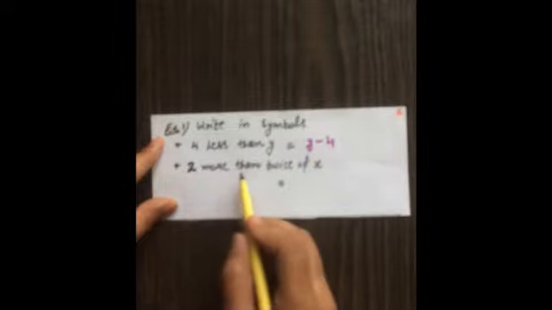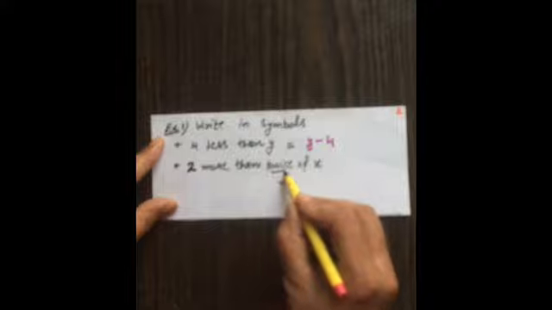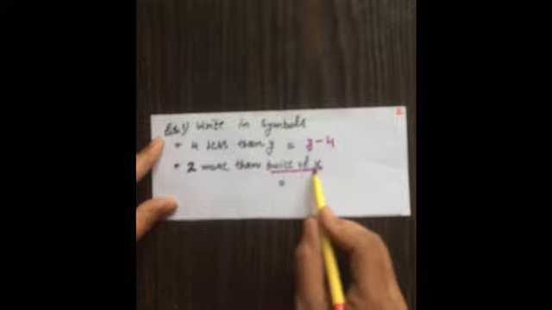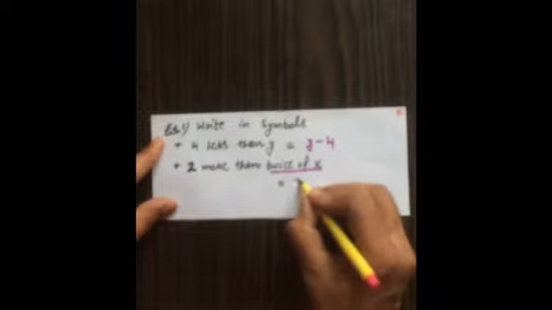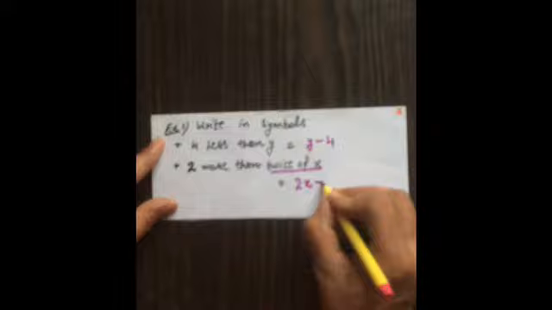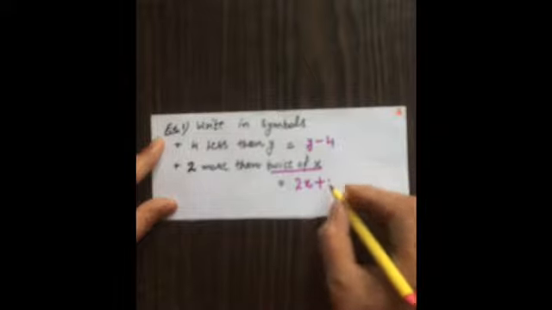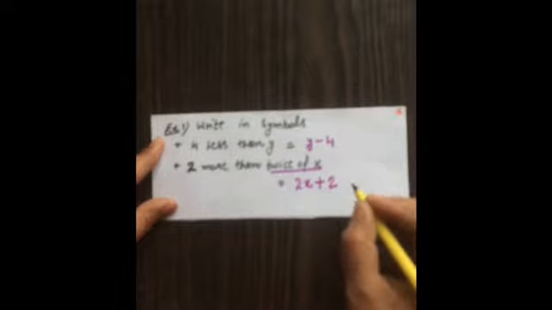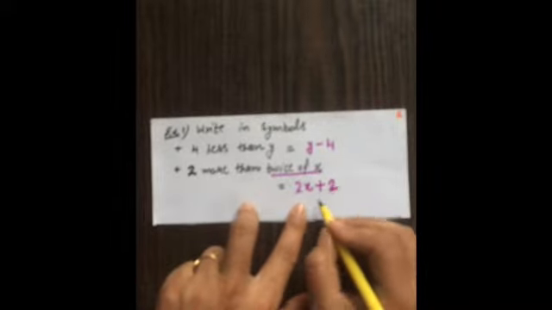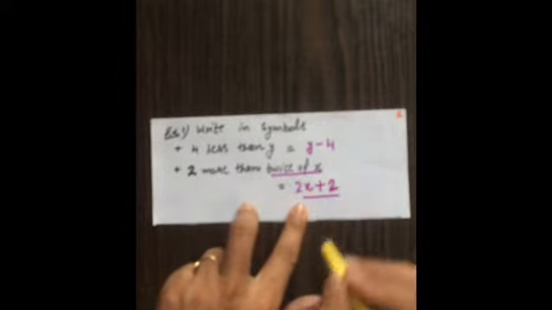Second, 2 more than twice of x: first we will write twice of x, that is 2x. Then 2 more than this means plus 2. So we have framed an equation using the given symbols.